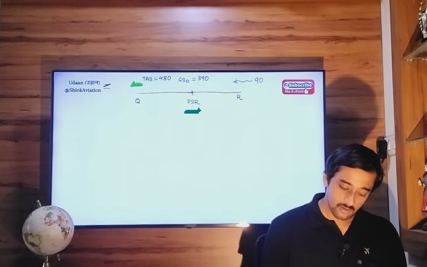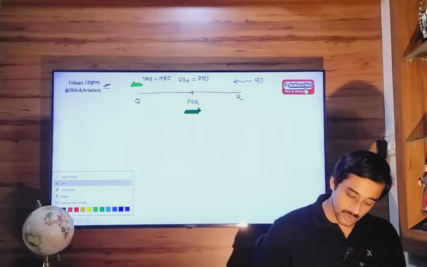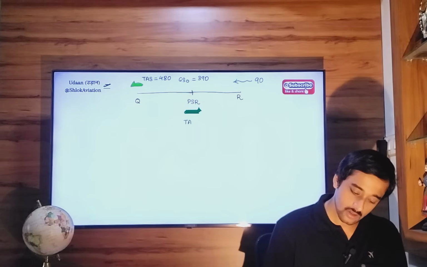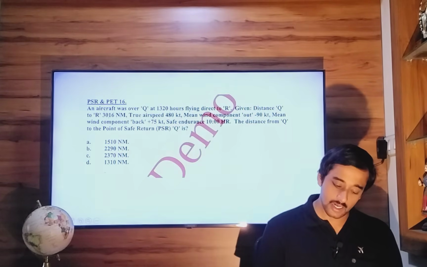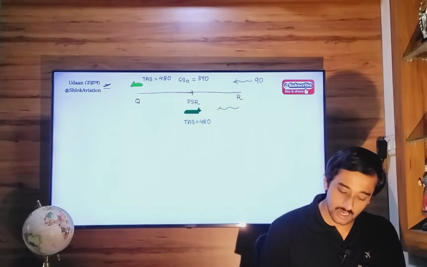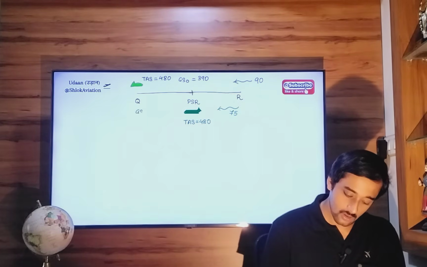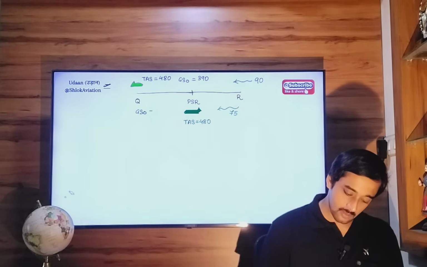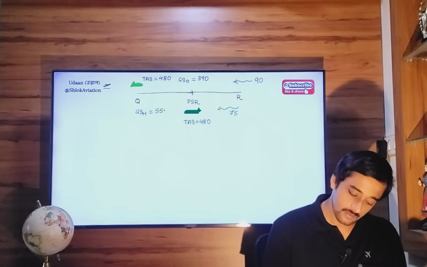Flying homebound, the true airspeed is 480 knots and you're getting a tailwind of plus 75. So the homebound ground speed will be 480 plus 75, which is 555.